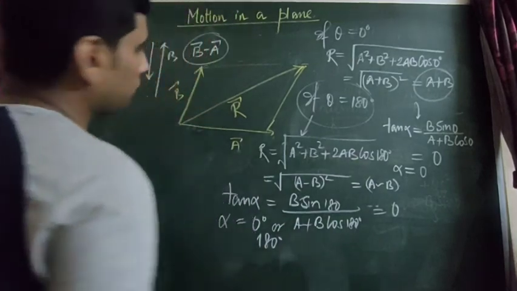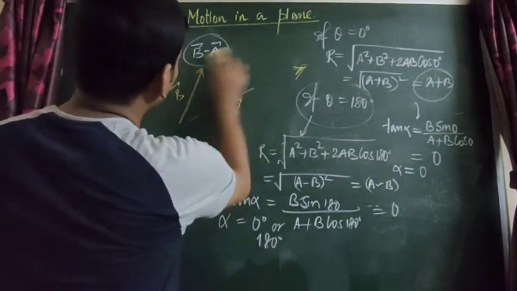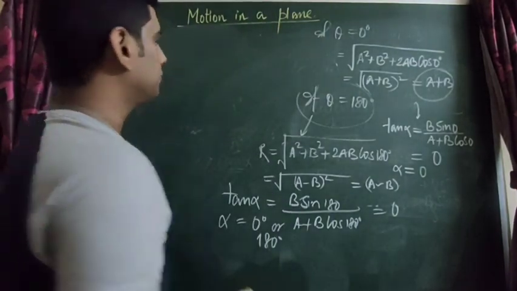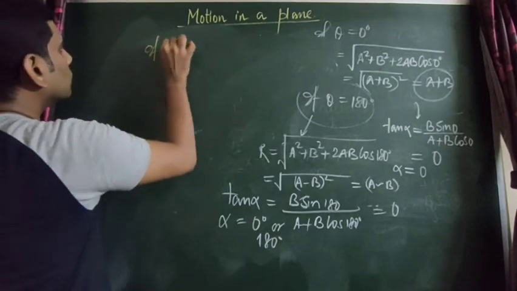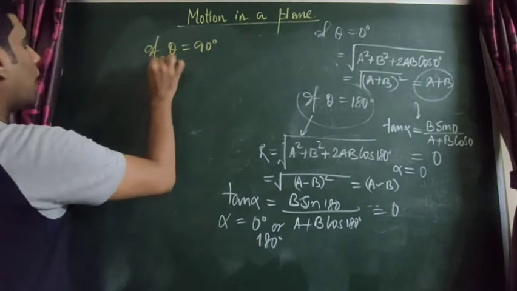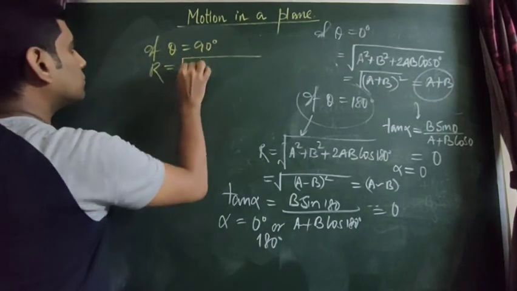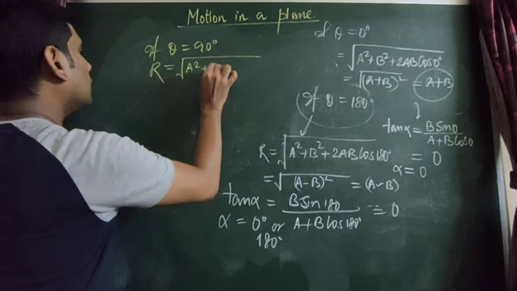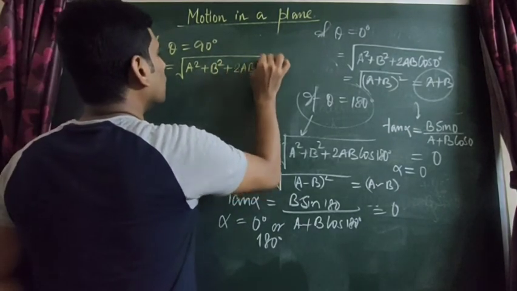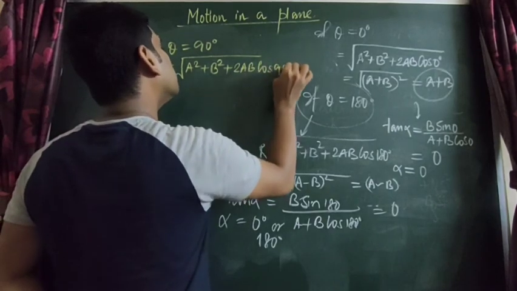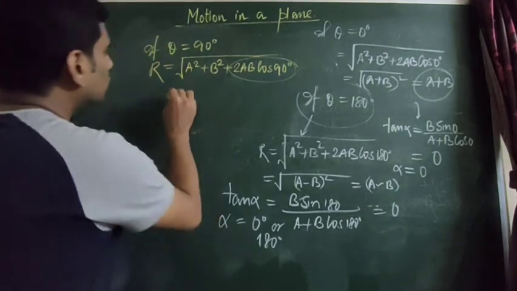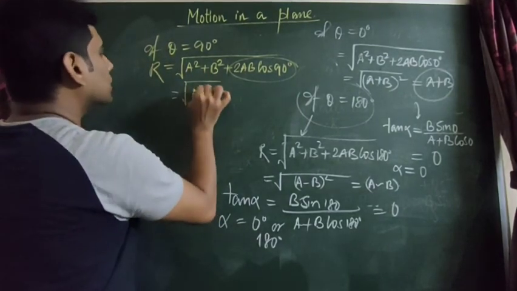Another condition is if theta is 90 degree. What if the two vectors are at right angle to each other? If theta is 90 degree, the value of r is root over a square plus b square plus 2ab cos 90. This term becomes 0 because cos 90 is 0, so we get root over a square plus b square.